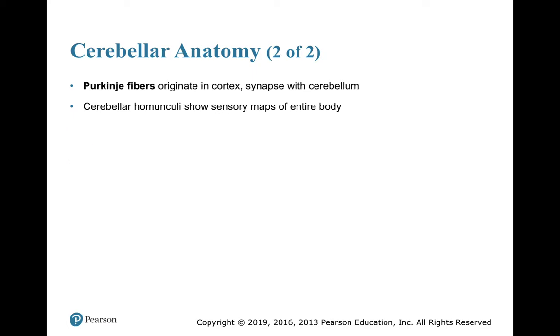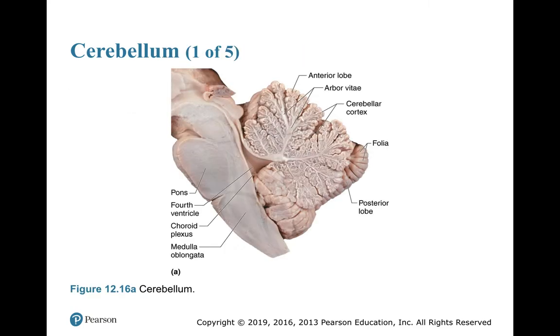There are Purkinje fibers originating in the cortex, and they are synapsing with the cerebellum. The cerebellar homunculi shows sensory maps of the entire body, you will recall. So here's the cerebellum. These are the arbor vitae. There's gray matter around the surface.